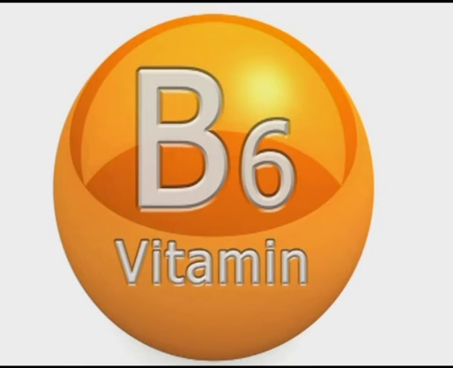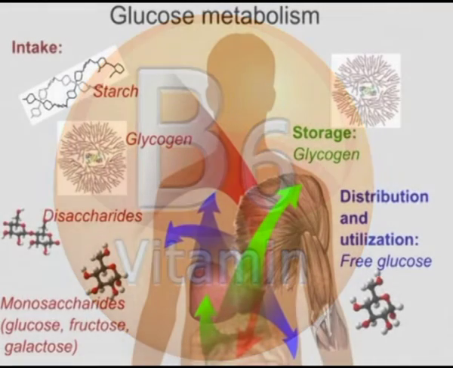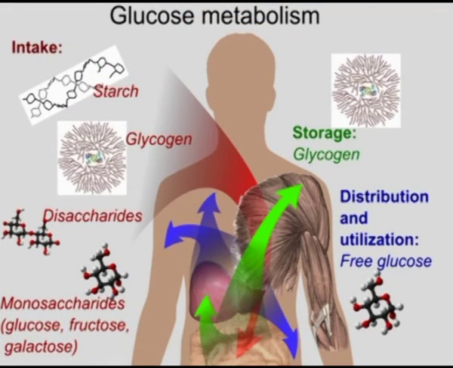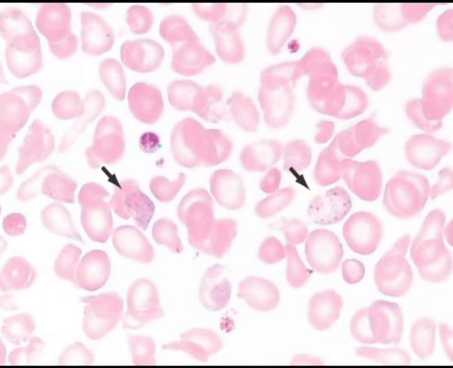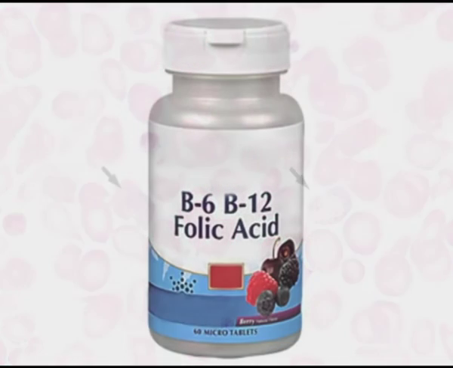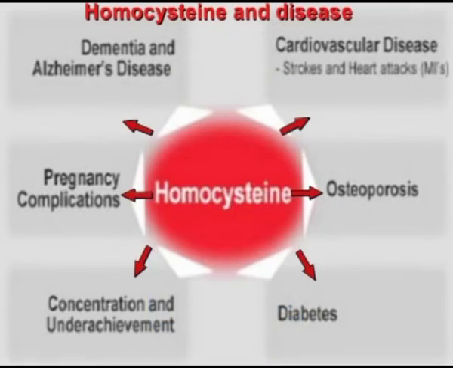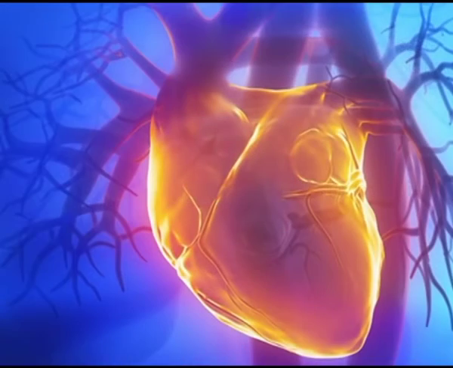Vitamin B6 is a coenzyme for more than 100 enzymes involved in the metabolism of amino acids, glycogen and nerve tissues. Microcytic anemia reflecting decreased hemoglobin synthesis can be seen in the deficiency states. The interaction of B6 and folate has been shown to reduce the plasma concentrations of homocysteine and decrease the incidence of cardiovascular diseases.